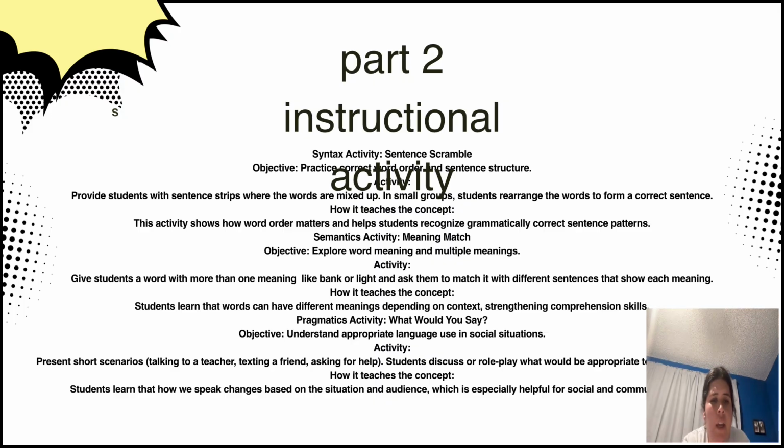For the activity, I would have the kids present a small story or scenario, and for older classes, like high school or middle school, something more like Romeo and Juliet.